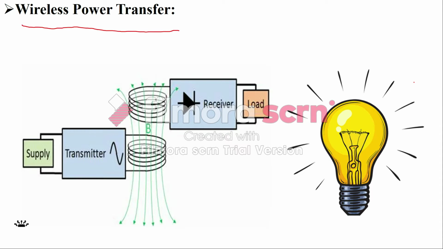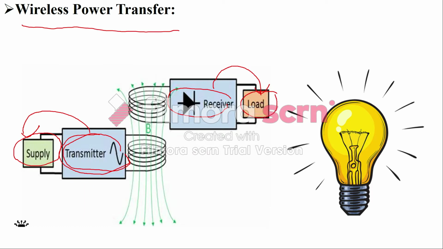Basically, there is a transmitter device and a receiver device. The transmitter device is connected with a power supply and the receiver device is connected with a load. The transmitting device gets power from the power supply and then generates time varying electromagnetic waves across the space.